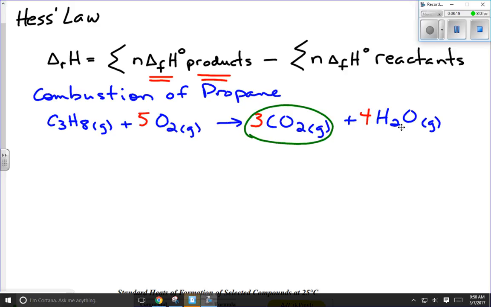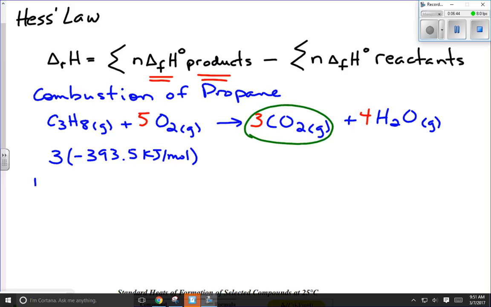So I'm going to have to multiply by 3 the heat of formation of carbon dioxide, which we looked up in the table earlier. It was negative 393.5 kilojoules per mole. Now, if you have to go back to the table and look that up, obviously you probably don't remember it, but that's what we looked up in the table.